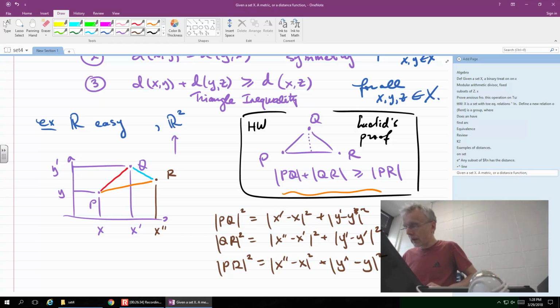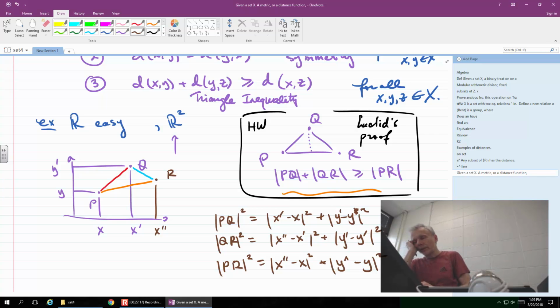Okay, so for some reason in my notes I have the Taxicab metric proof, and I don't have the Euclidean metric proof. Let's see. Yeah, it's not here. Why don't I have it here? The triangle inequality now requires, I remember, a bit more work in Euclidean space.